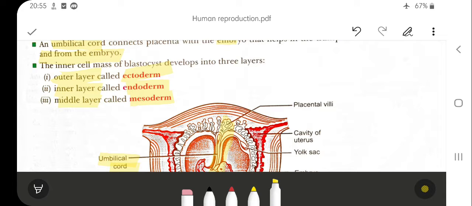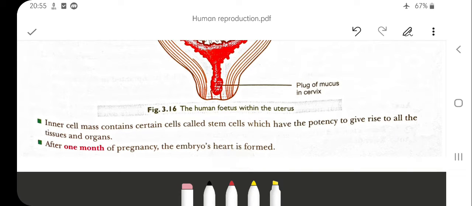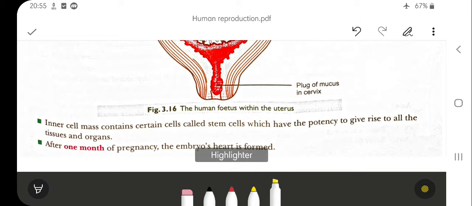The inner cell mass has very special cells which have the potency to give rise to all the tissues and organs, called stem cells.